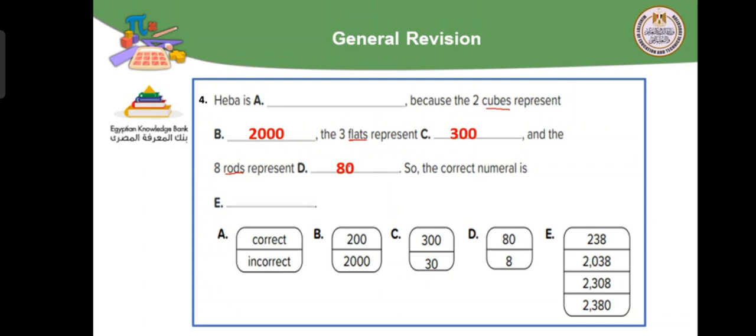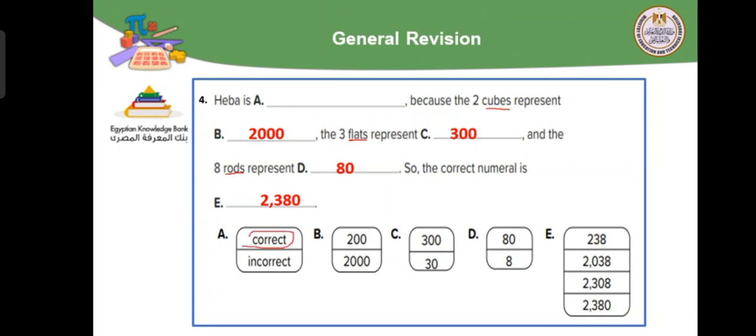Okay, so the correct numeral will be 2,380. After I solve this, A means I choose from A, B means I choose from B, C means I choose from C, and so on. So Hiba is correct.